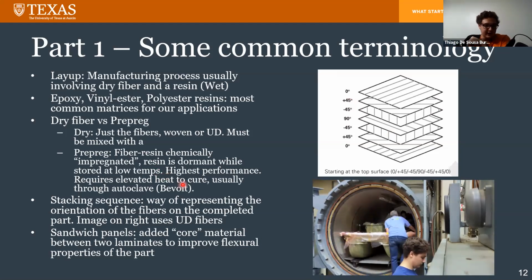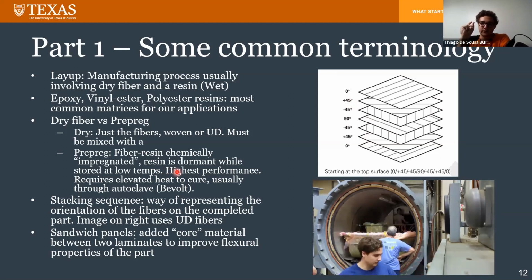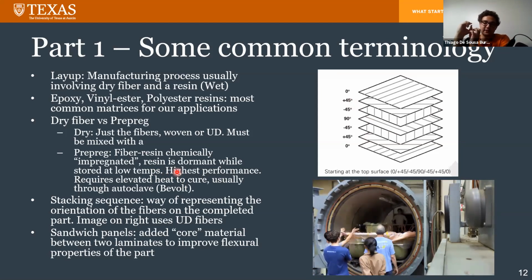And the last thing were sandwich panels. So I kind of mentioned this early on in the design process that we have to add that foam core in between. So what that actually does is that composites, as it turns out, by themselves are really bad in bending, because their moment of inertia, since we're creating such a thin part because we're saving weight, their moment of inertia is really low, which means bending them is very easy.